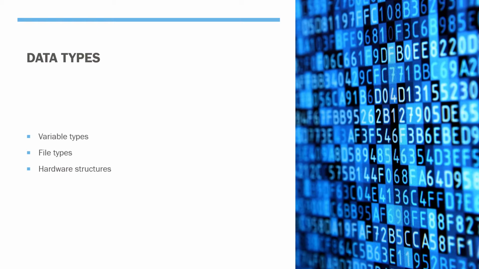Sometimes an entire file will be composed of data of a particular type, and so as the computer reads that file, it will interpret the bytes in a particular way. And sometimes when a computer is only really used for one purpose, the hardware itself will have an inbuilt data type.